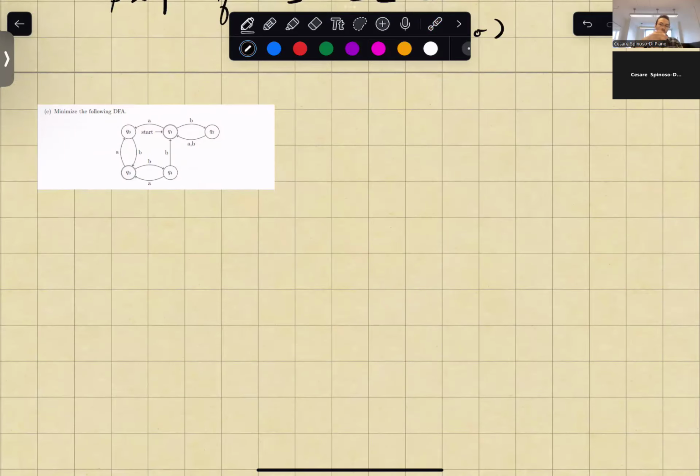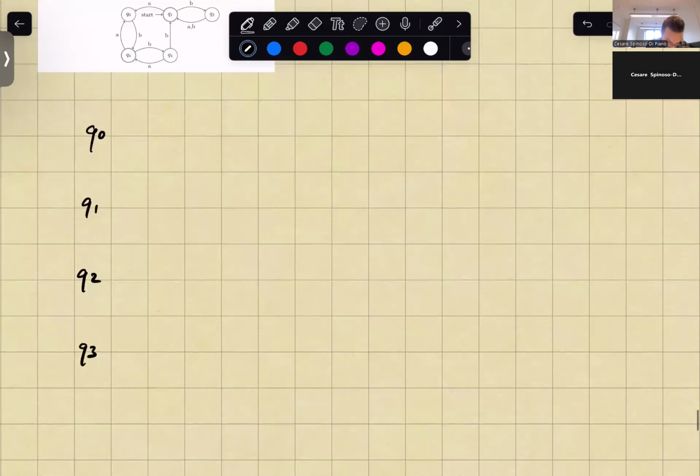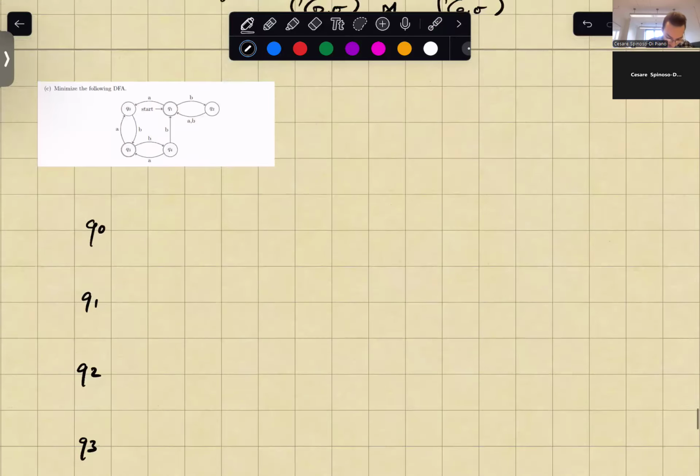So what I'm going to create is a 2D table where I'm going to have every possible pair of states as row and column entries, and then I'm going to mark in the cells whether the states are distinguishable or not, right? So let's do that. Q0, Q1, Q2, Q3, Q4. And again, Q0, Q1, Q2, Q3, Q4.